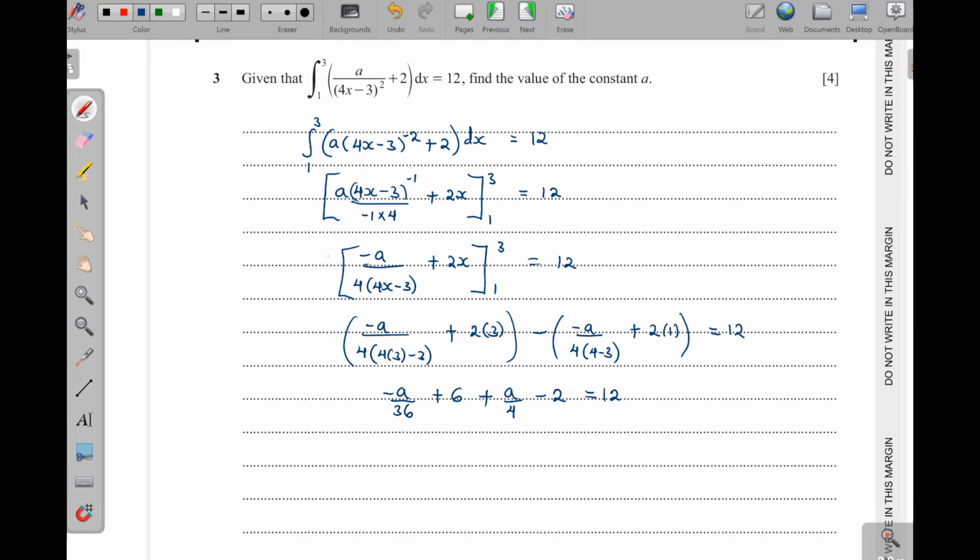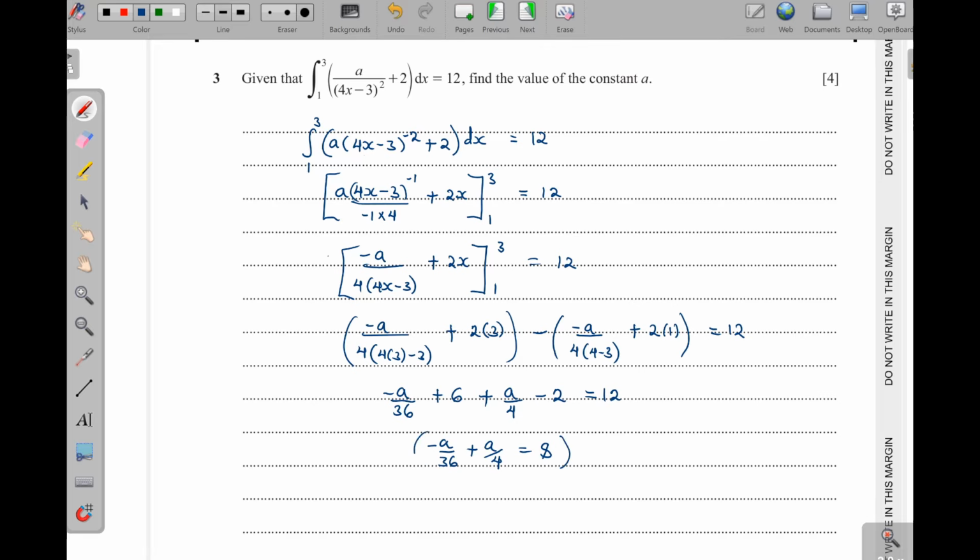Okay, now what we shall do here is we are supposed to make a the subject of the formula. Now, this is 6 minus 2, that one will be a 4. So when I take it this side, I will subtract it. So that means I will have 8 on the other side. So I have negative a out of 36, then plus a out of 4, then this one will be equal to 8, right?